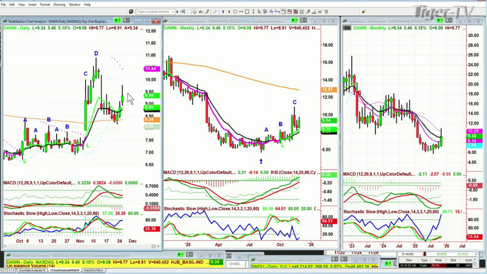If you're already in it and you're holding it, this is good action. Great action would be going back to today's high. Otherwise, it could stall a little bit longer, because although the 9-period moving average really is helping, I don't want to see it take out today's low, because that's going to stall that green 9-period moving average. So good.